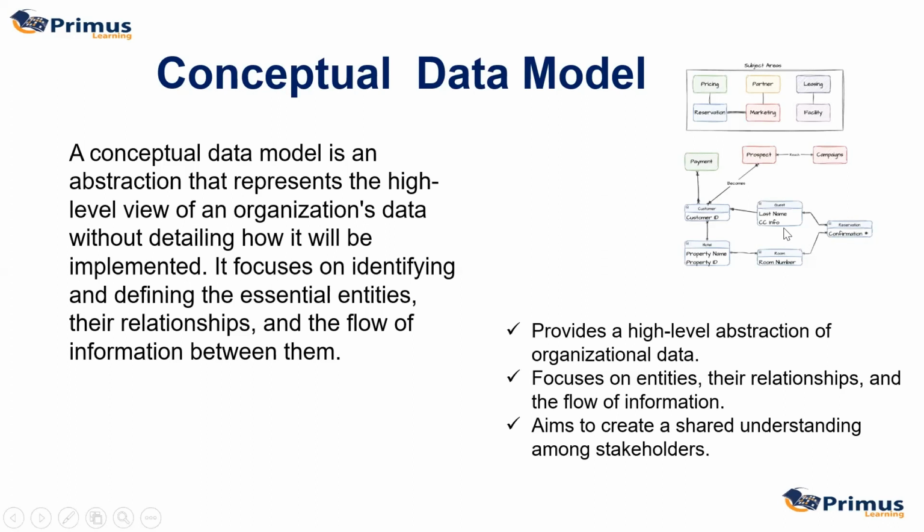Then it also focuses on entities and their relationship and the flow of information. As you can see in these arrows, they direct the relationship between payment and the customer, and the relationship between prospective customer and the marketing campaigns.